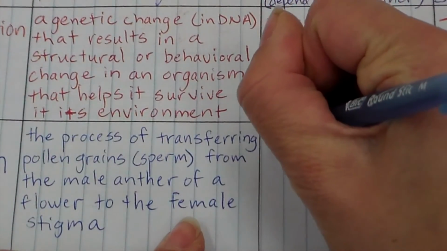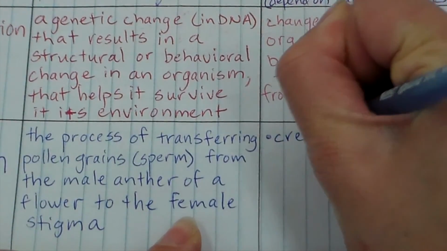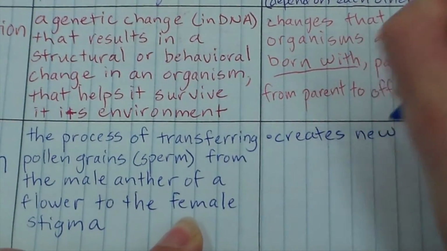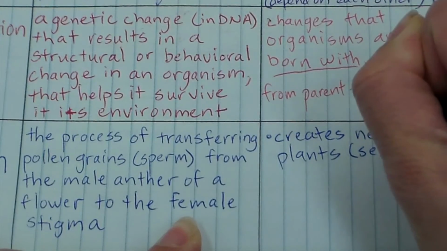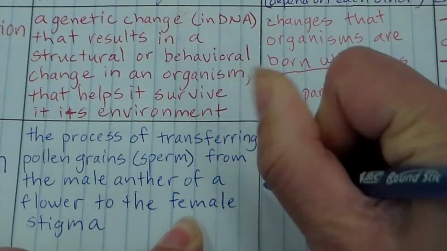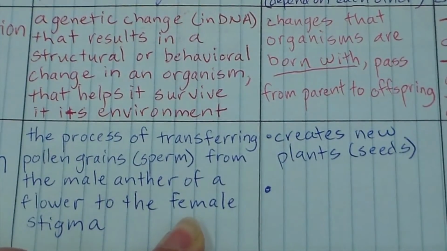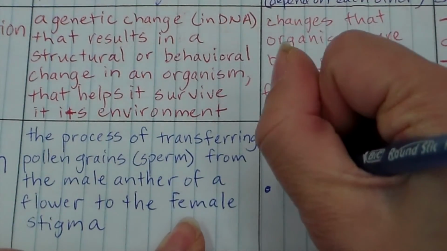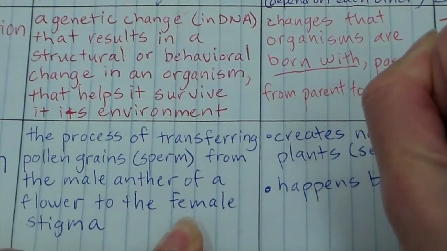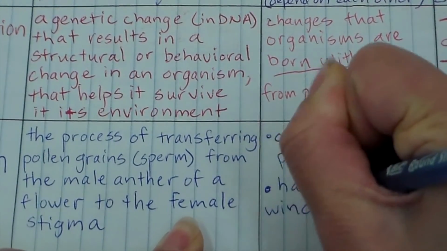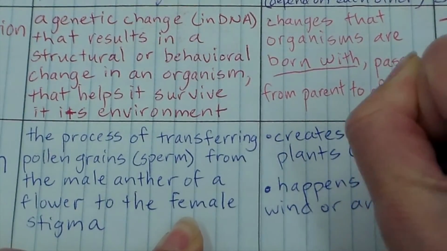So I'm going to write two things here. I'm going to write creates new plants, but they're not actually plants at first, right? They start as seeds. So this process creates new plants or seeds, and it also happens by two processes. So it happens by wind or animals.